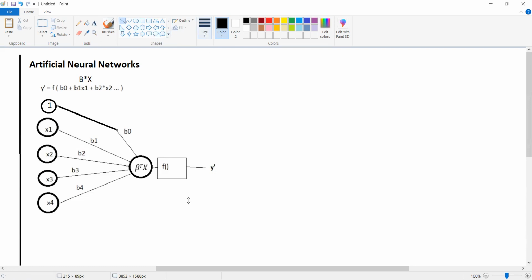And that's what we're going to do from now on. I'm never going to draw the beta 0 again. I'm always going to assume that your first x is a 1. We can call it the x0 term. It will be 1 for all the features, for all of your data points, and it'll be multiplied by the bias.